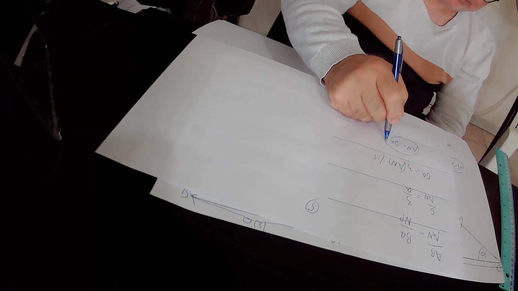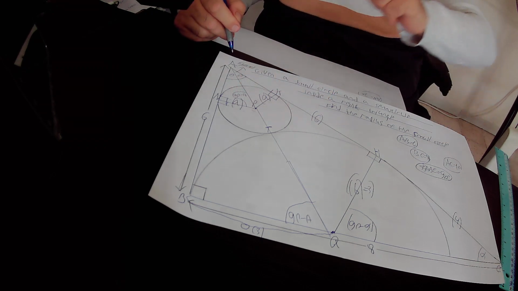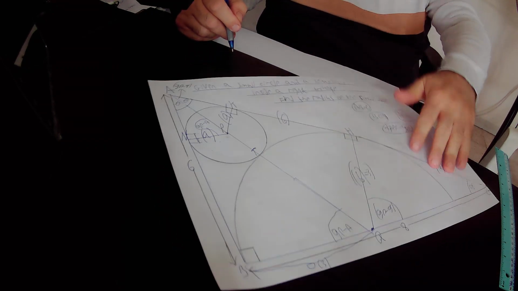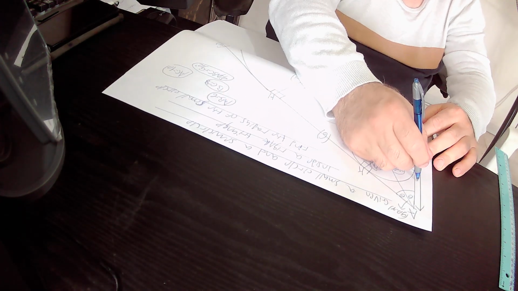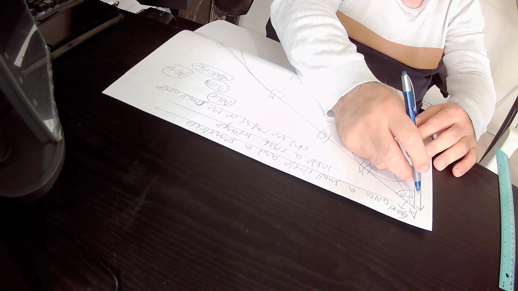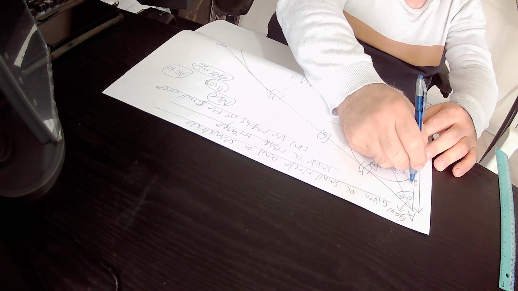In conclusion, the missing side AN equals 2A.